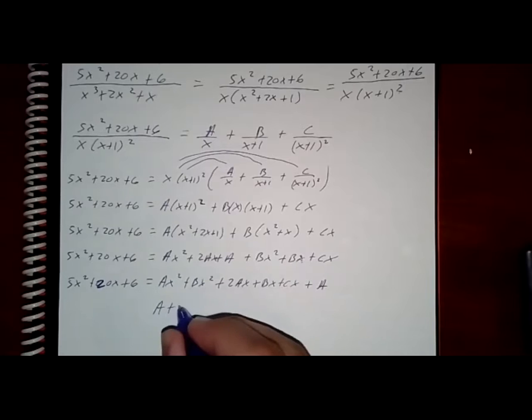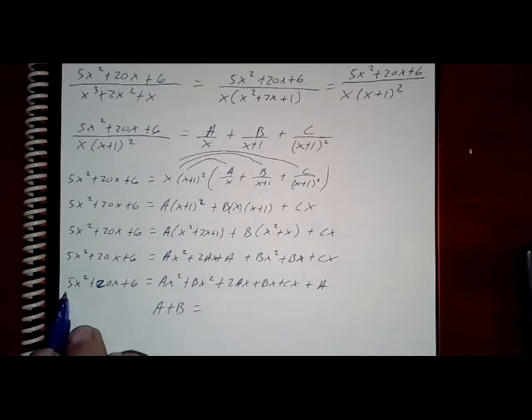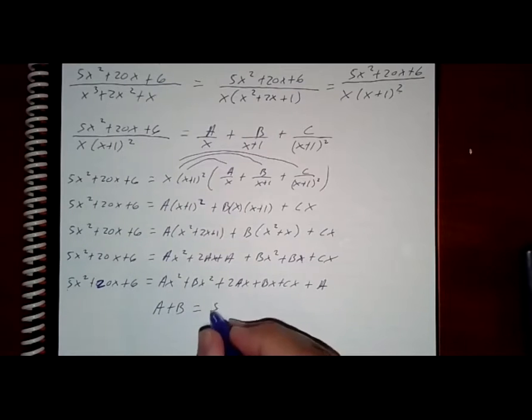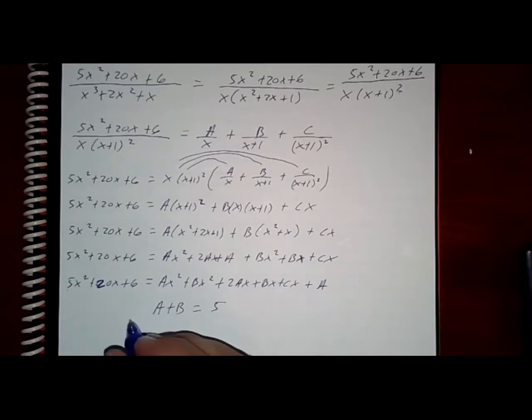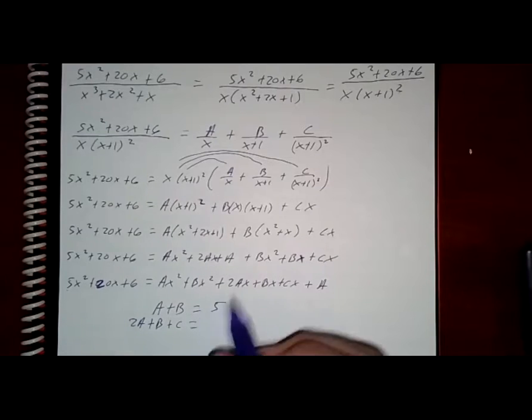So a plus b are the coefficients of the quadratics. Set it equal to the coefficient of the quadratic. Now do another equation for the x term: 2a, b, and c, set it equal to the x term, 20.